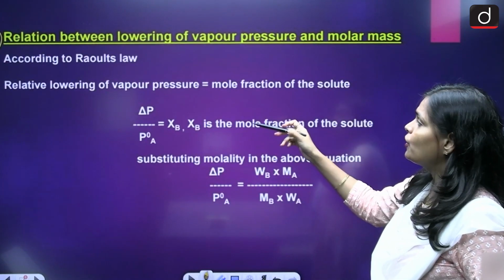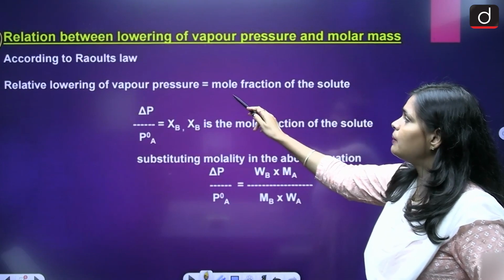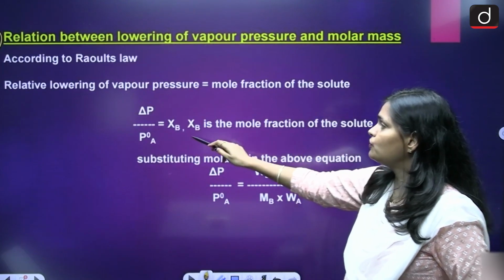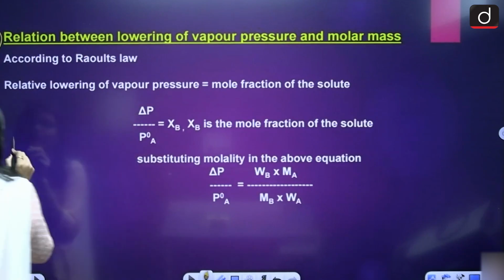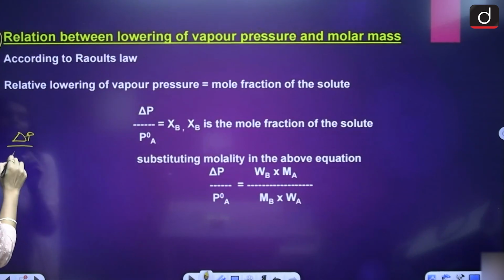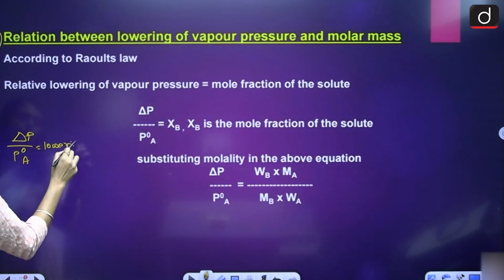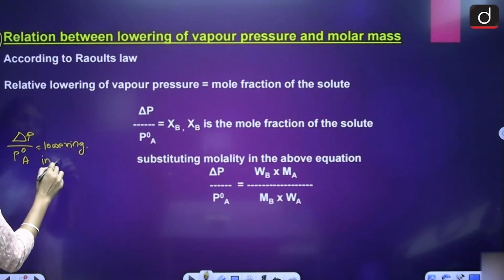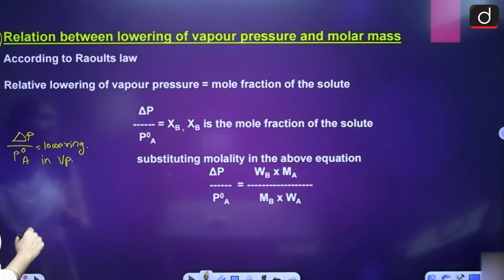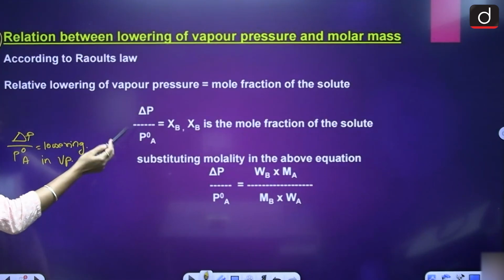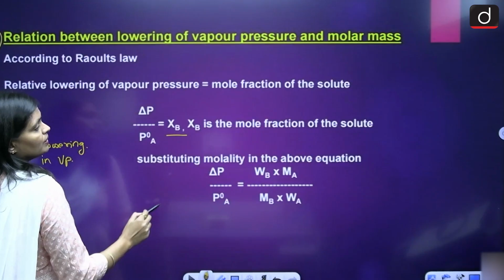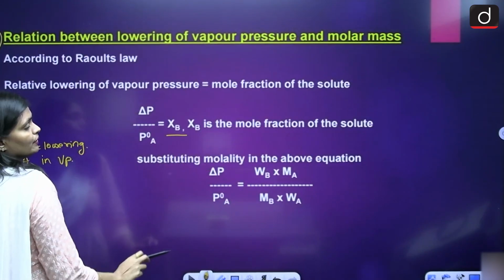According to Raoult's law, the relative lowering in vapor pressure, delta P by P naught A, equals the mole fraction of the solute. XB is the mole fraction of the solute.